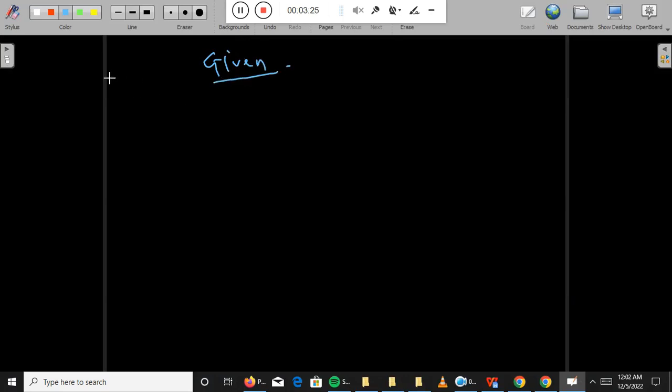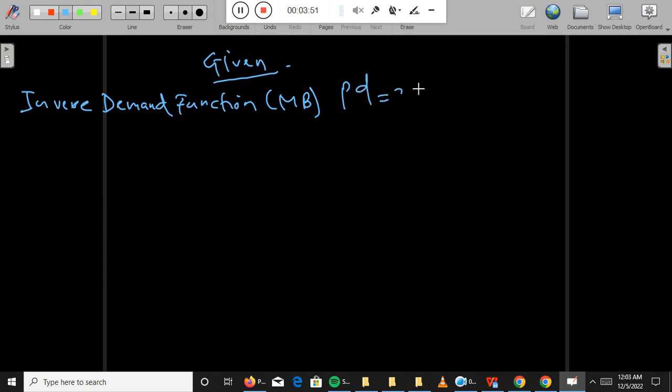We need to write down the data given in our question. We have the inverse demand function, which is the marginal benefit curve, given as P_D equals 24 minus Q, where P_D represents the marginal benefit curve, as I told you.